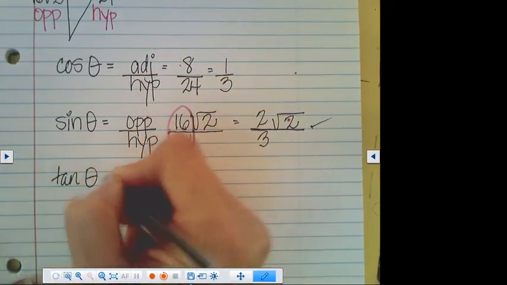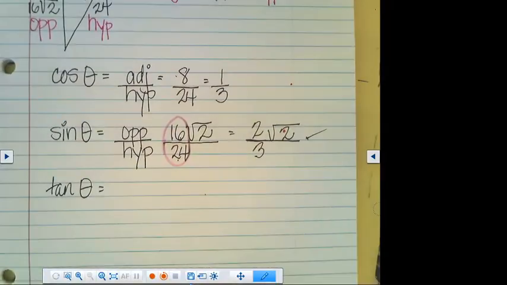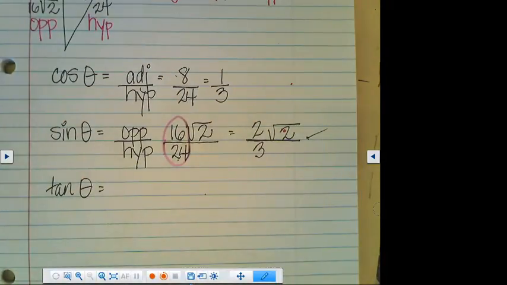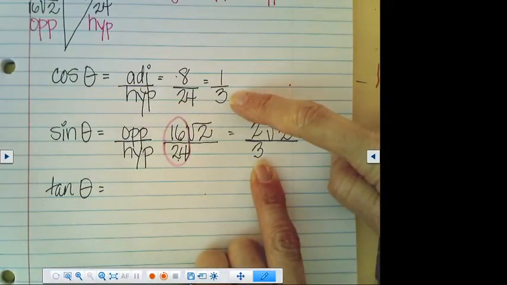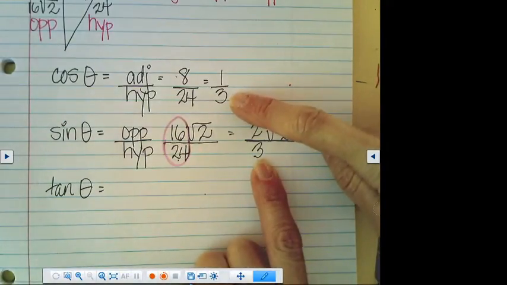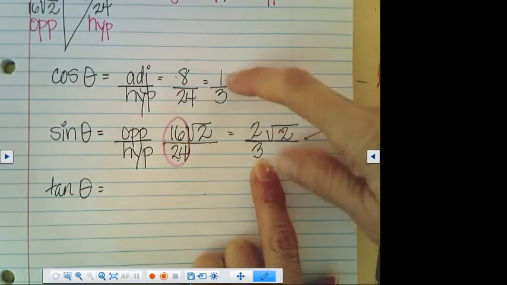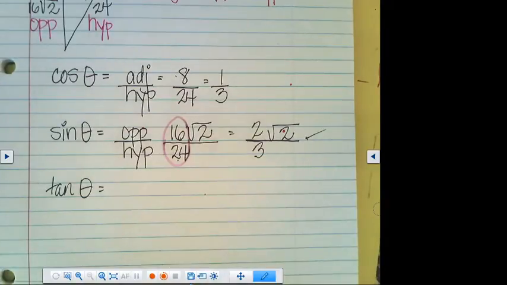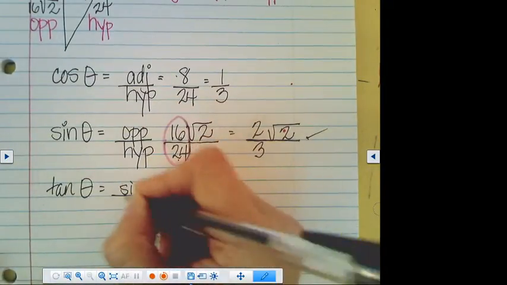Tangent. Let's talk about something real fast. If your cosine and your sine ratios have the same denominator, and they do because we reduced them down to 3, then all you have to do is take your sine numerator divided by your cosine numerator.